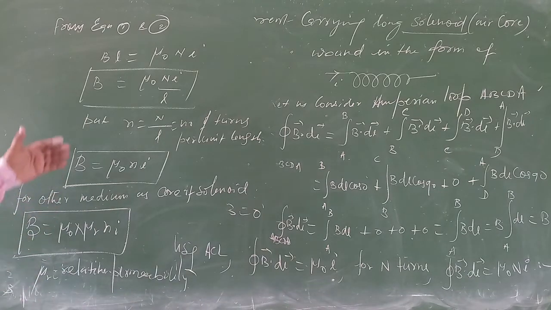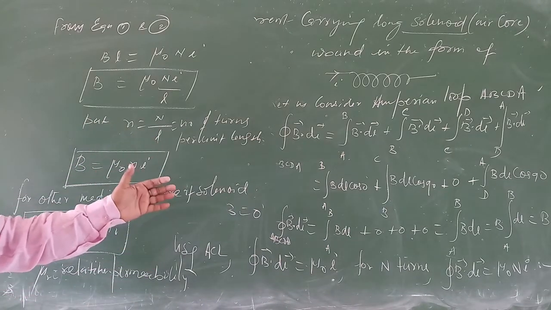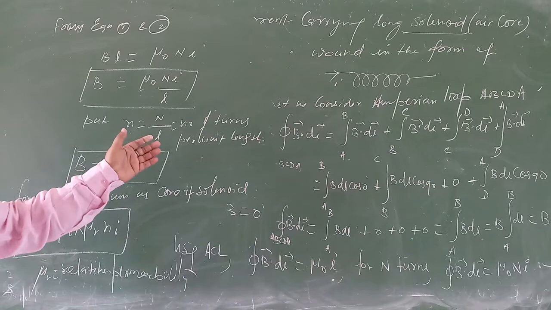So this is the method of finding the magnetic field in a current carrying solenoid. Note down fast.